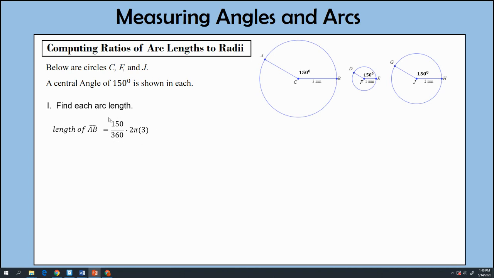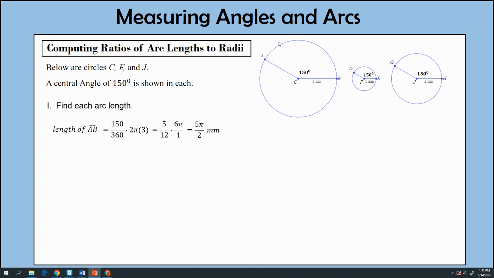So this right here will generate the length of this arc A to B. Now the 150 over 360 would reduce to 5/12 if you just reduce that fraction itself. And then 2 pi times 3 is really 6 pi over 1. Okay, if we cross cancel and leave this in terms of pi, the answer is going to be 5 pi over 2.